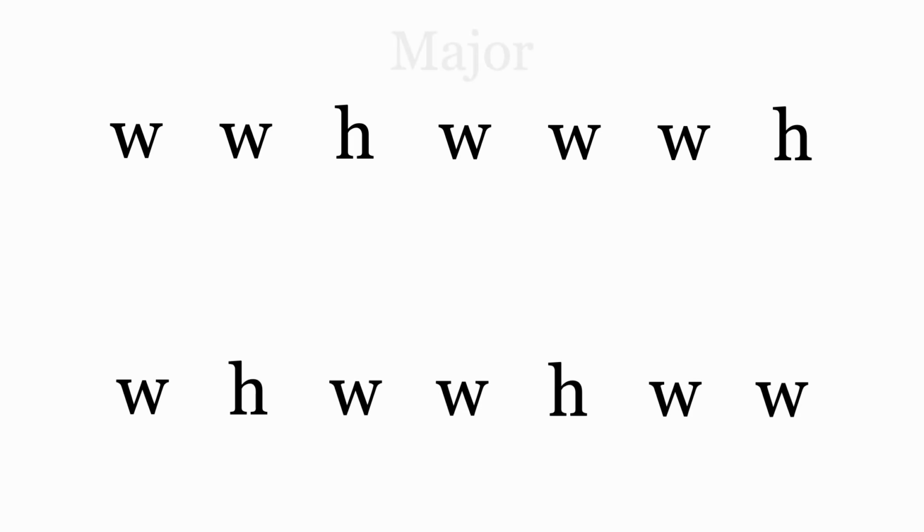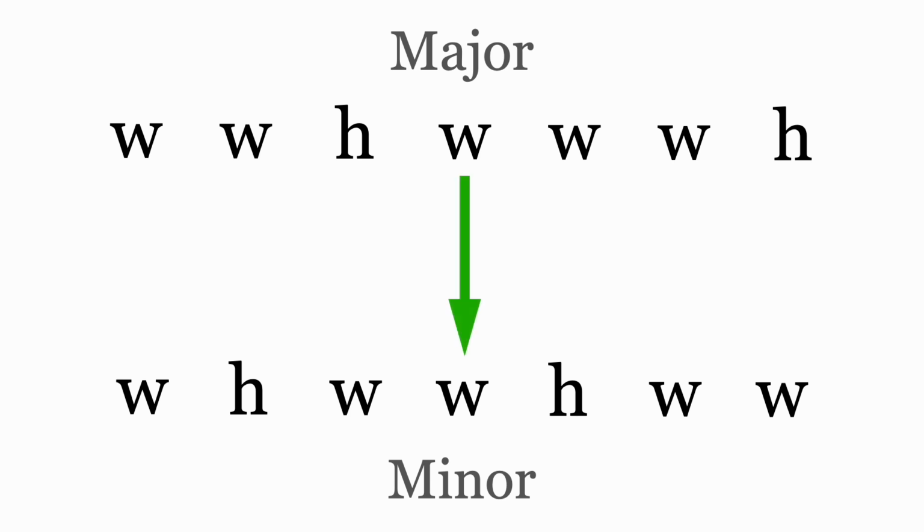So here again, just to drive the shifting concept home a little bit more, as we look at the major and the minor here, when we wanted to go from our major to our minor, the only thing that we really did was start counting our whole steps and our half steps from a different location within the major scale.